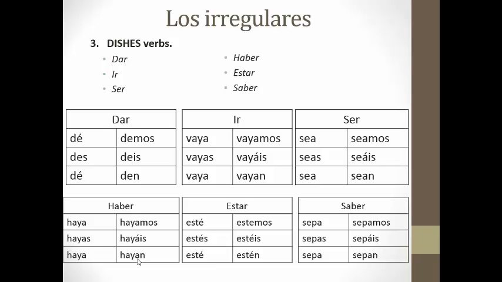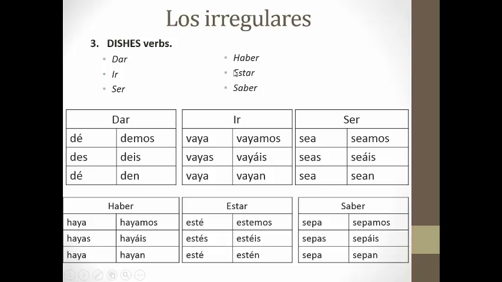All right, estar's conjugation is esté, estés, esté, estemos, estén. And finally, saber, to know, is sepa, sepas, sepa, sepamos, sepan. Again, I call these the dishes verbs because it's just a good acronym to memorize them.